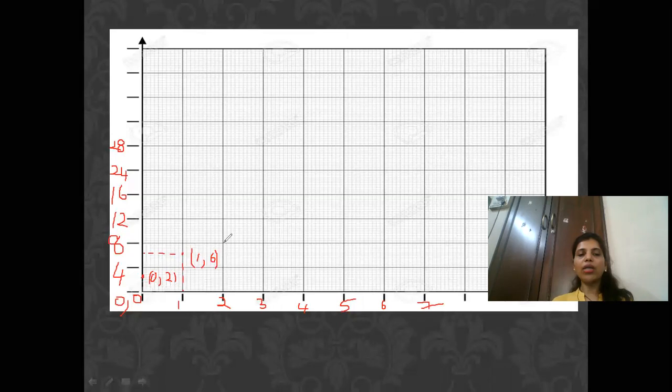Now 2 and 12 they have said. So 12 and then 2. So the point will be somewhere here. You can draw a dotted line like this, so that you understand how you're plotting the point. So write down 2 from the x-axis, comma 12 from the y-axis. Okay, and put it in bracket.